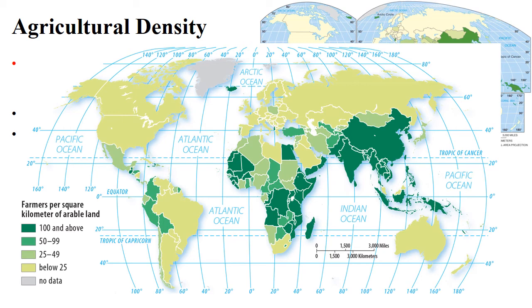This can also be a good, what we'll refer to as an indicator of development, right? A good way to kind of judge how relatively, right, economically developed or not a country might be. Because again, agricultural density is in part going to reflect the access to technology and funds and subsidies that farmers in these countries have, right?